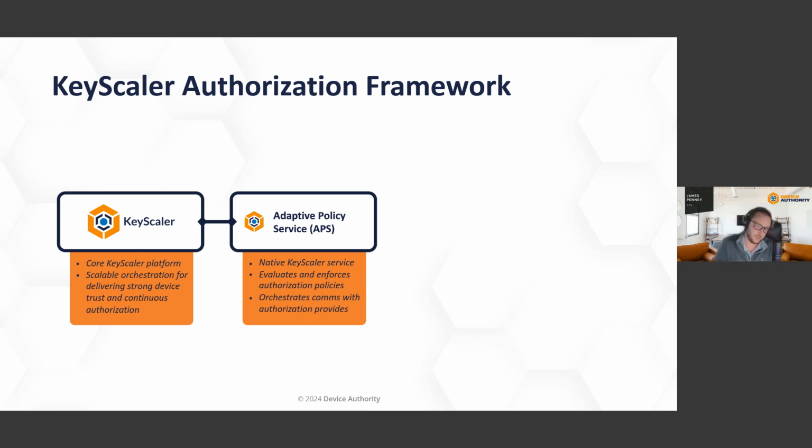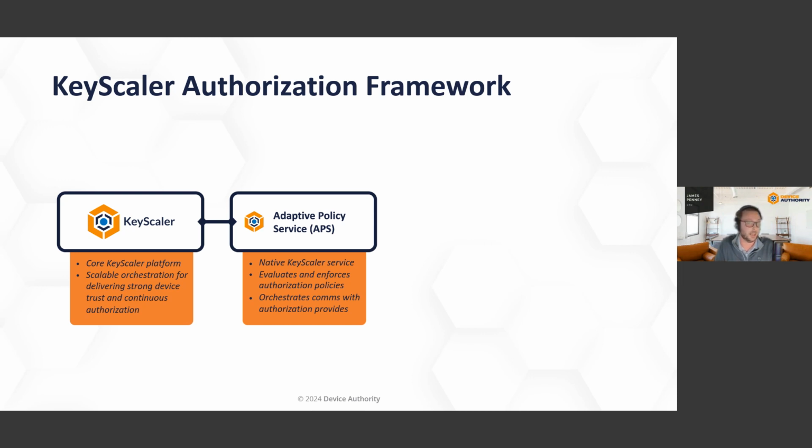It's inherent in the platform and doesn't need anything else deploying, and it allows you to build your own connectors, just like a lot of things we've done in the past. If you're familiar with the platform, you can rapidly build service connectors to new CAs, to new IoT platforms, to integrate the KeyScaler process and its certificate orchestration and delivery with these third-party services.